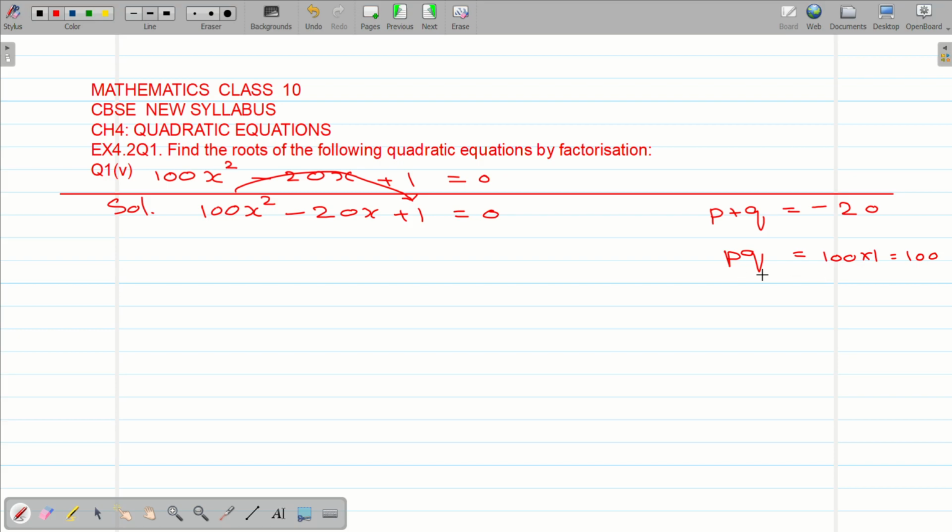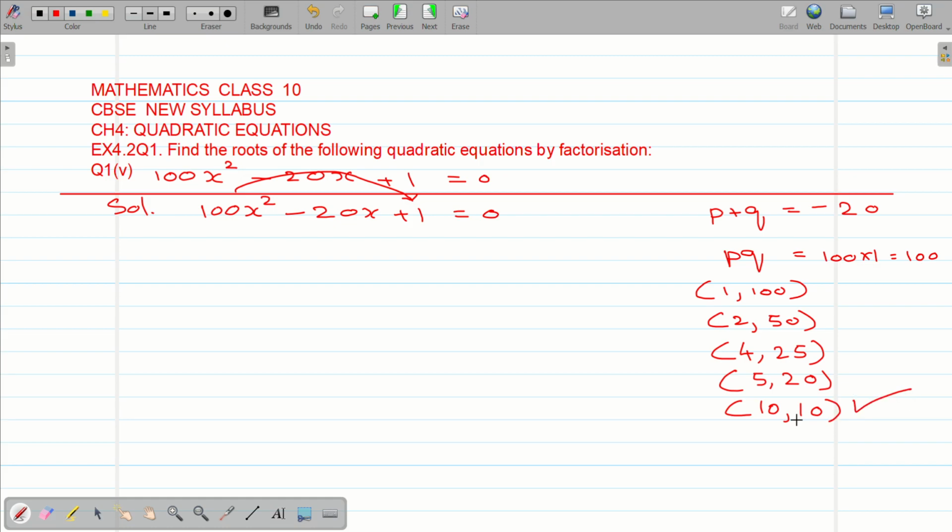Since the product is positive, we are going to find the sum of the factors. 1 and 100, sum is not equal to 20. 2 and 50. 4 and 25. 5 and 20. 10 and 10.